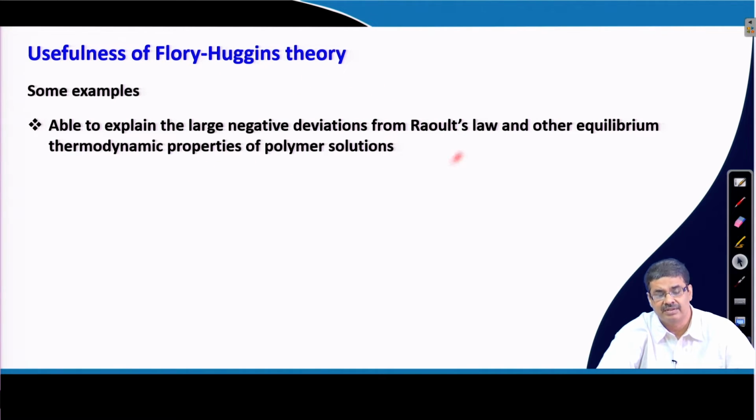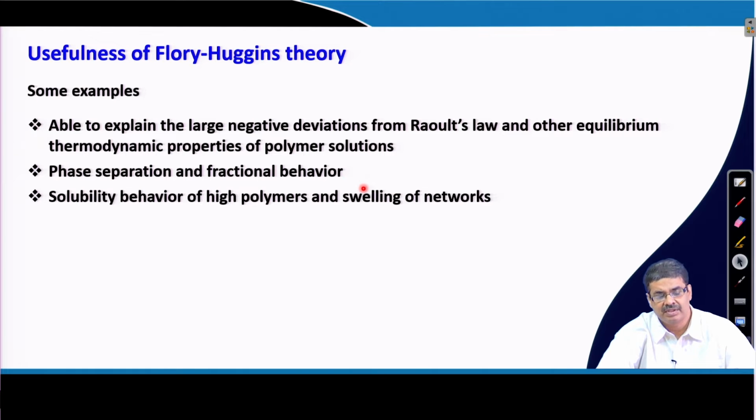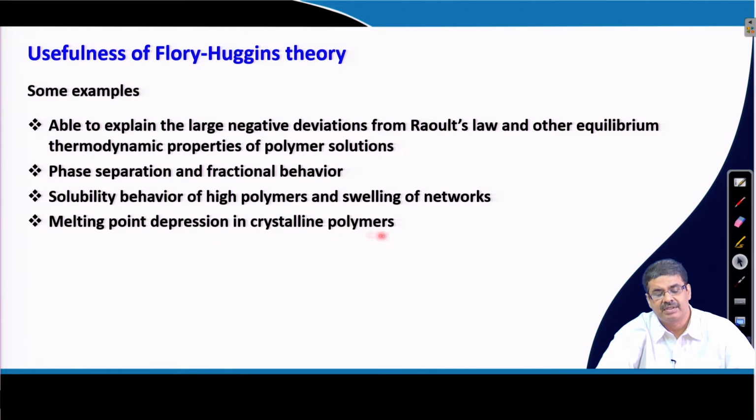We can also explain phase separation and fractional behavior of polymer solutions. We can explain solubility behavior of high polymers and swelling of polymer networks in different solvents, and we can also explain melting point depression in crystalline polymers.